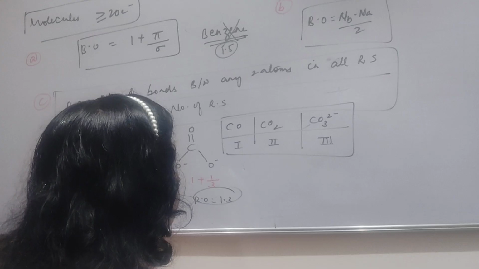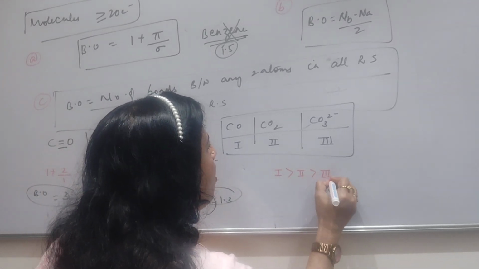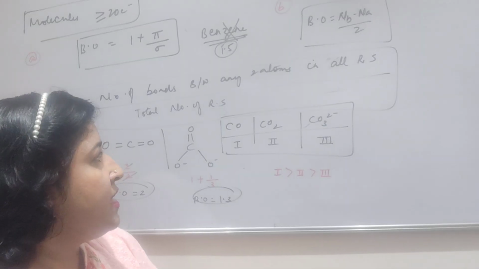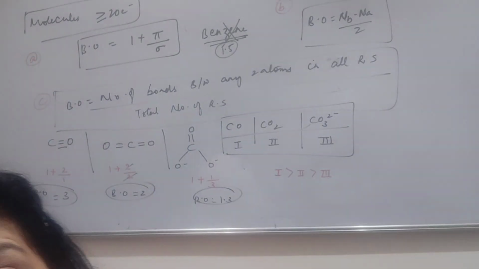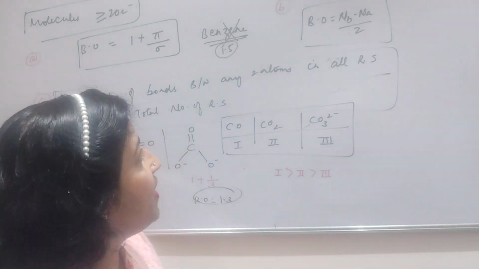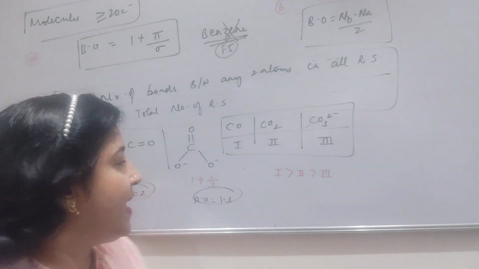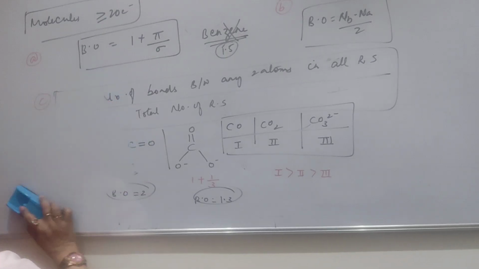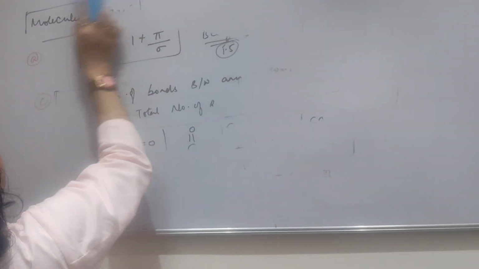So the answer will be CO is greater than CO2 is greater than CO3 2 minus. So these kinds of questions will also come wherein you put the formula for more than 20 electrons. If this is understood, let us move to the last part of this.